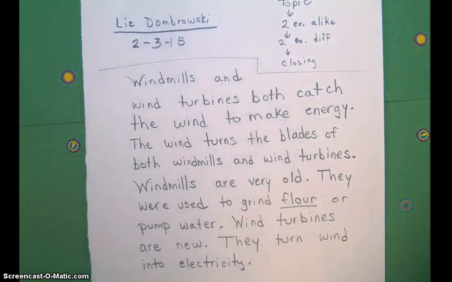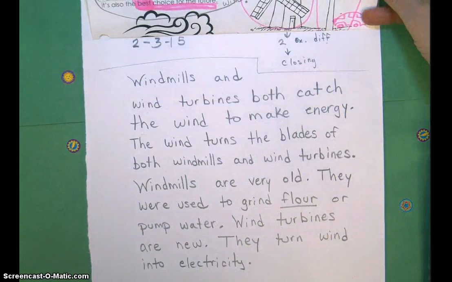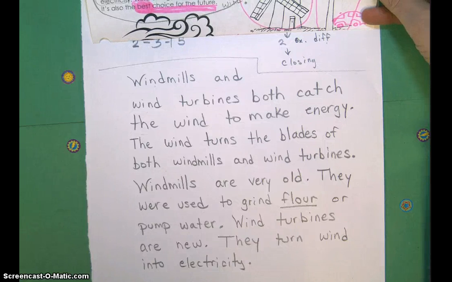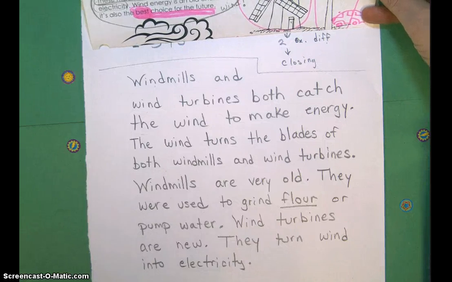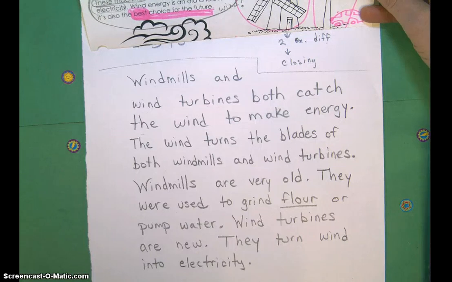Now, sometimes conclusion sentences can be tricky, and so what I like to do is to look back and say something else about wind energy that I read here, or windmills and wind turbines.